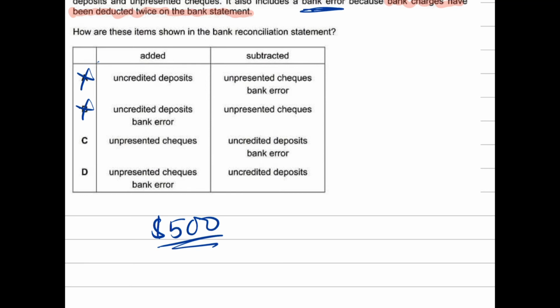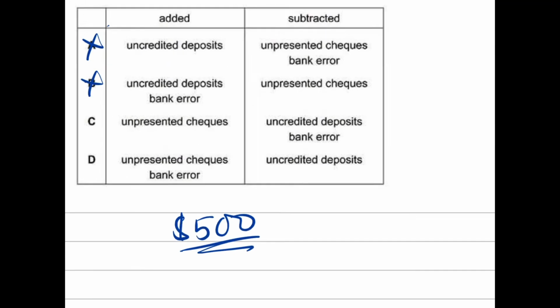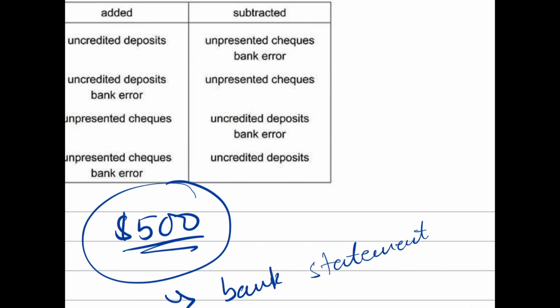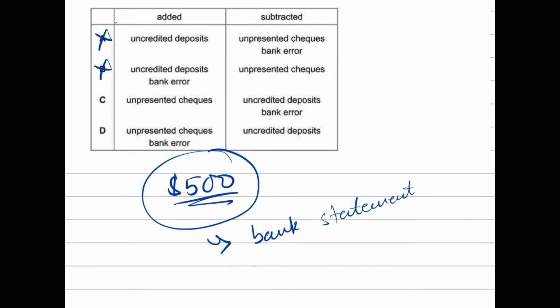So now the bank statement balance is going to be lower than the cash book balance, right? Because these bank charges are shown on the bank statement. We are usually not aware of when these charges have been imposed, so they are not usually shown on the cash book. So the cash book balance will not be including this bank error amount.